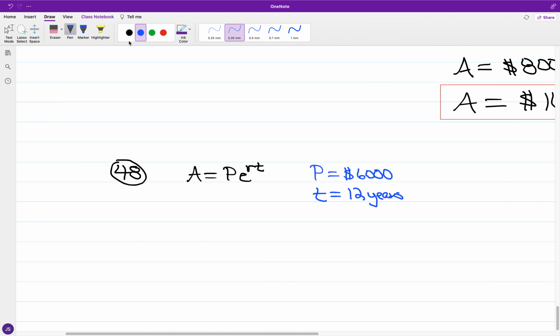And looking at what we have for the future values. In the case of part A, we're looking at the future value whenever R is at 1%. As a decimal, 1% is going to be 0.01.